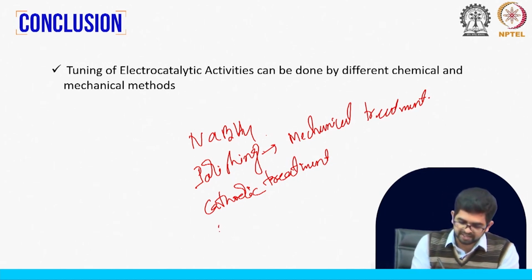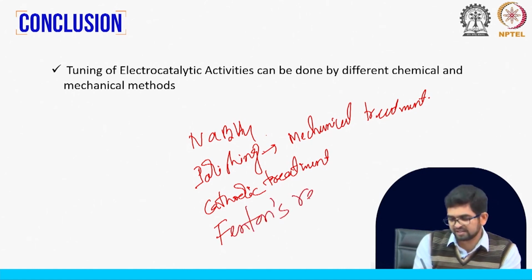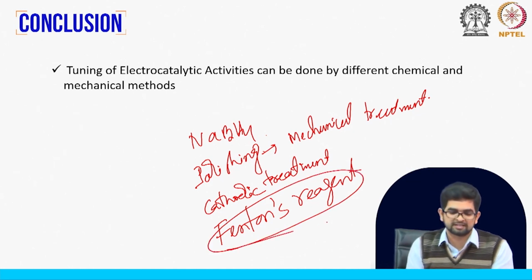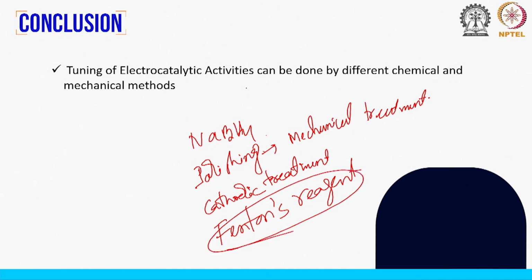And another treatment, Fenton's reagent and its effect. So this one I will continue again in the next class. So tuning of the electrocatalytic activities can be done very easily, right? And all these things can be explained. We can explain this easily.